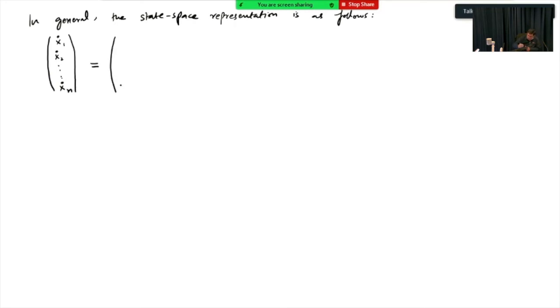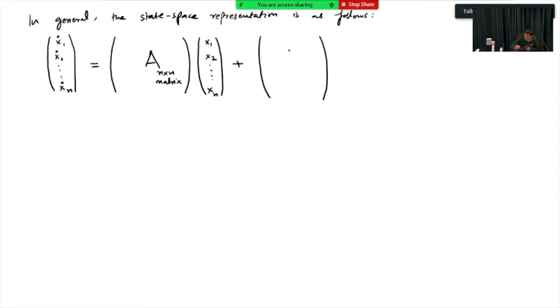So you will have a matrix A, which is an n cross n matrix, and then you will have a vector of states, and then there will be a matrix B. This is an n cross m matrix where m is the number of inputs and n is the number of states.